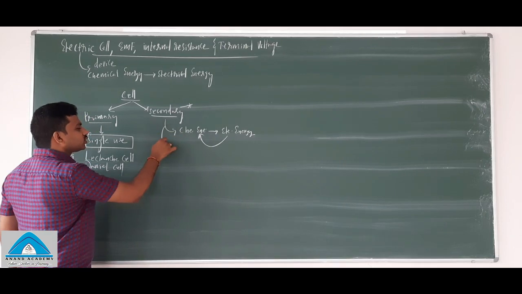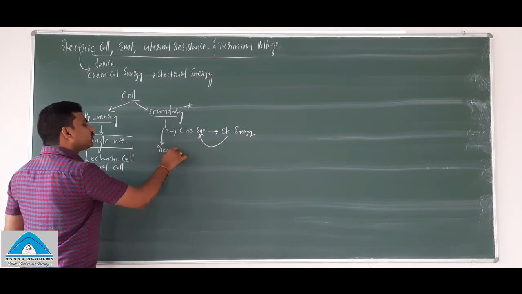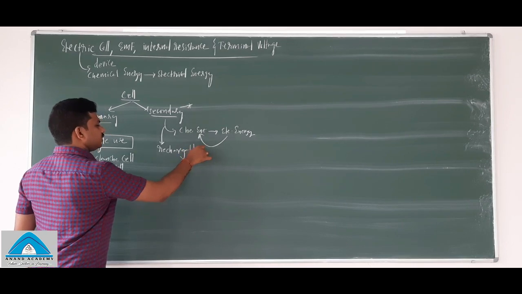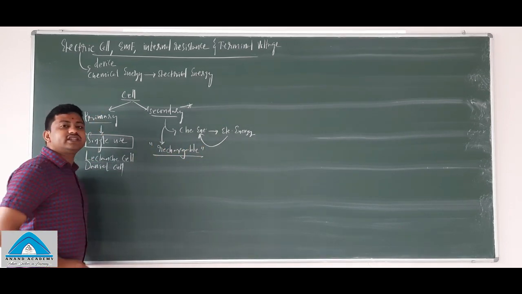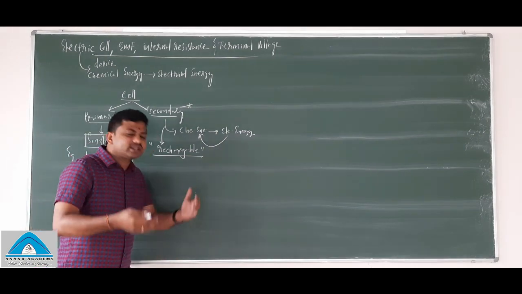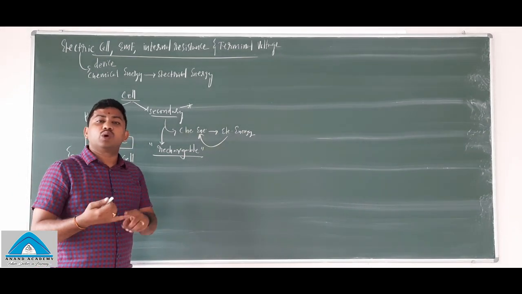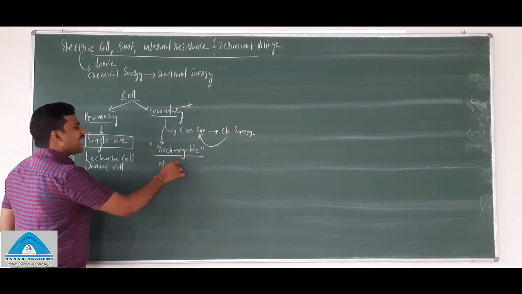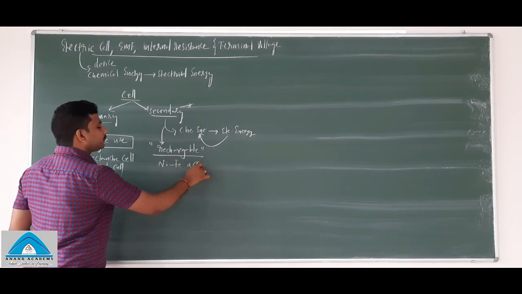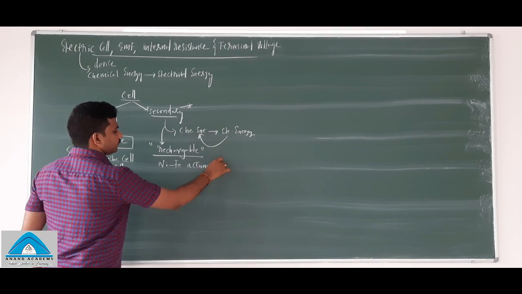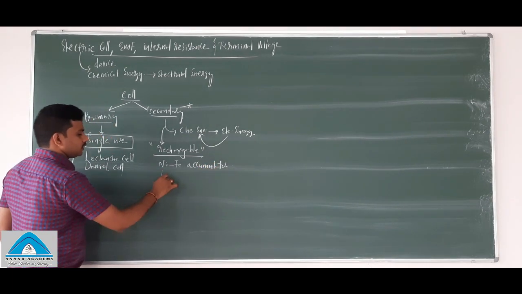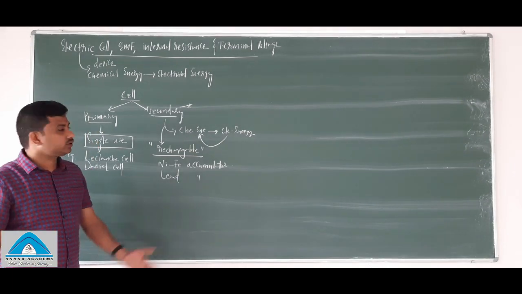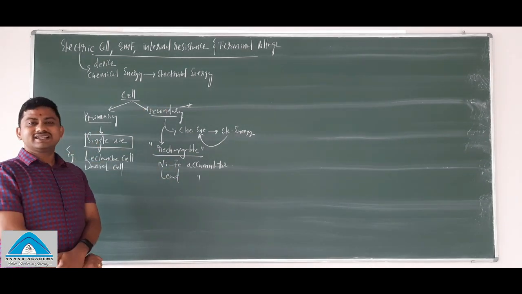So I am writing here, secondary cells are rechargeable. Those are the cells we generally use in our mobile phones. Those are called NiFe accumulators, lead accumulators, alkali accumulators. Those are secondary cells, right?